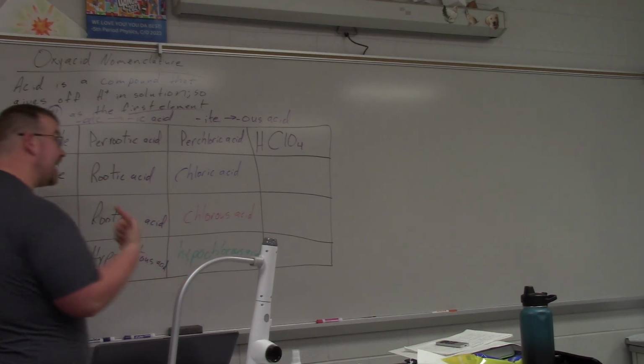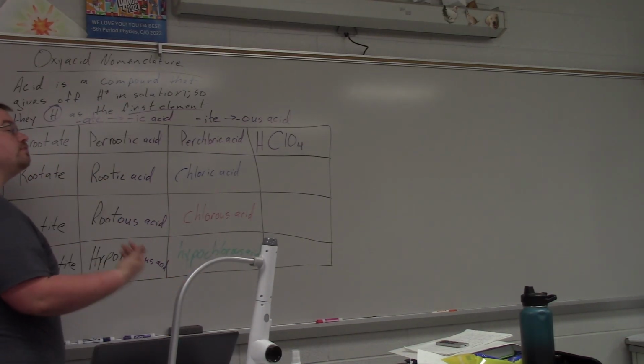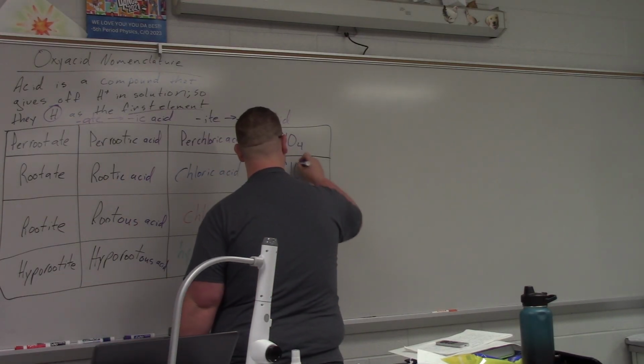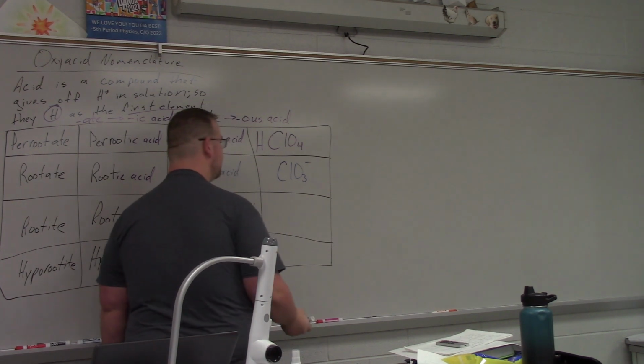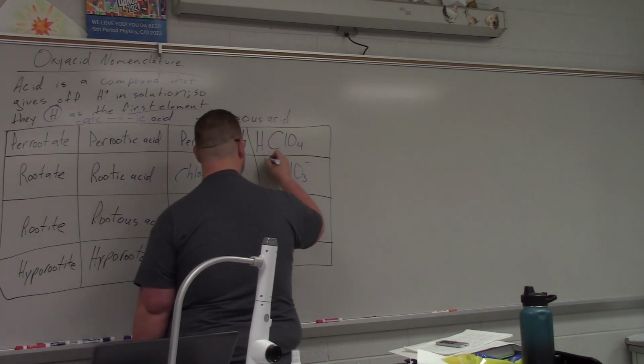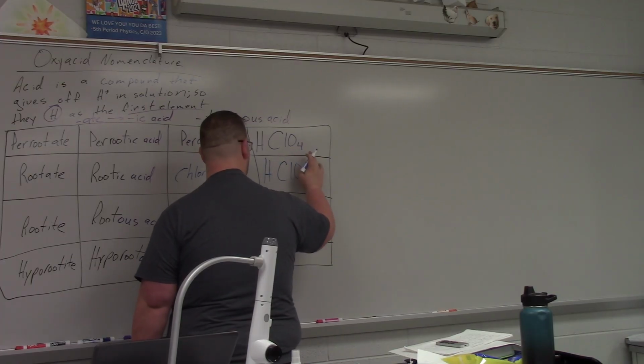So chloric acid comes from chlorate. So chlorate is ClO3 minus. I want to make it into the acid. I add the hydrogen. Take the charge away.